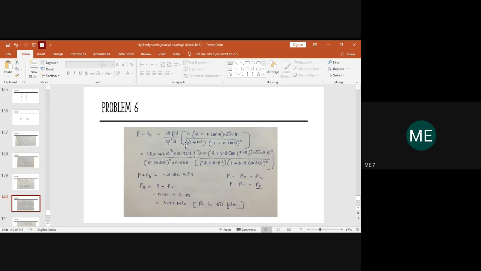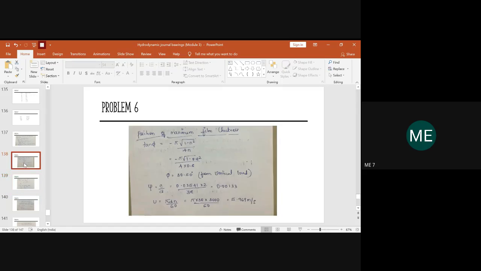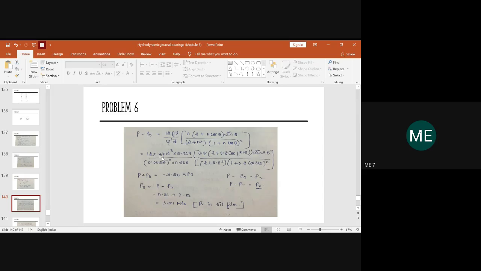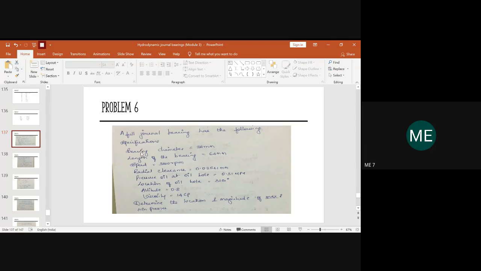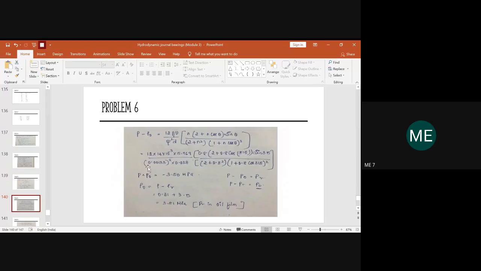So kindly substitute the same value here, 5.969, divided by the diametrical clearance value we have calculated as 0.00133. Kindly substitute here, it is chi square, so take the whole square for it, and the diameter of the bearing. The diameter of the bearing is 38 mm. So kindly substitute that in terms of meter, so it is 0.038 meter. So this part is over.